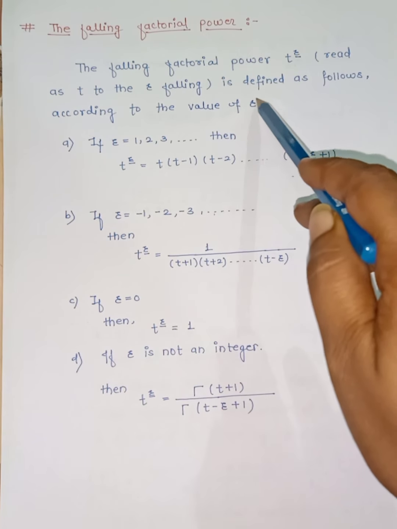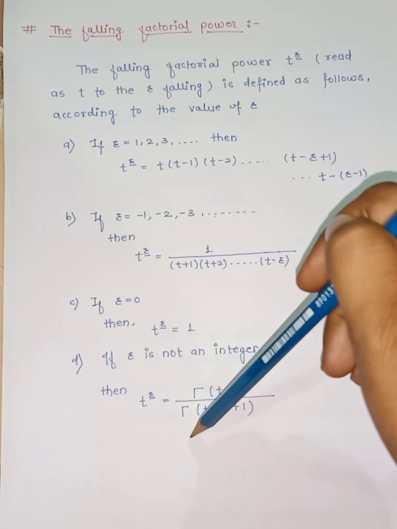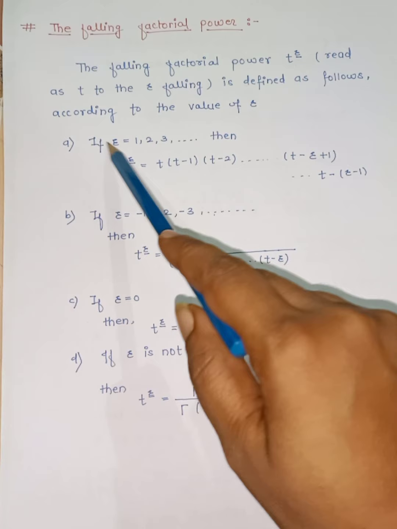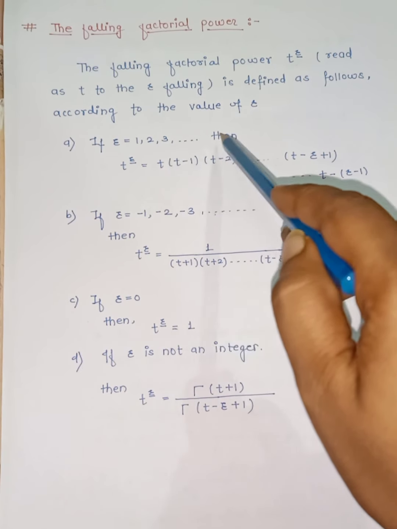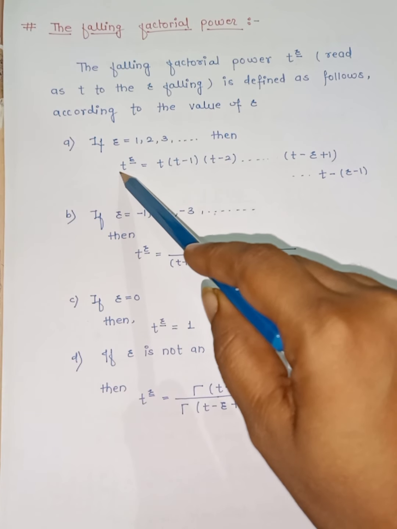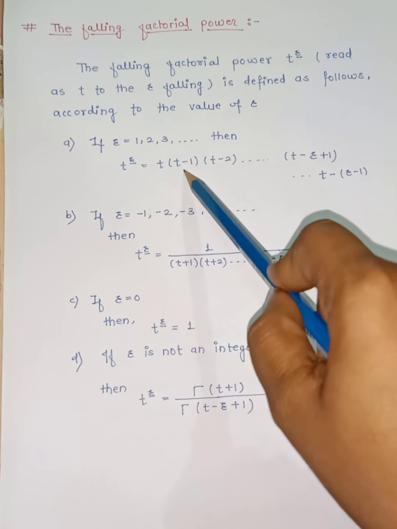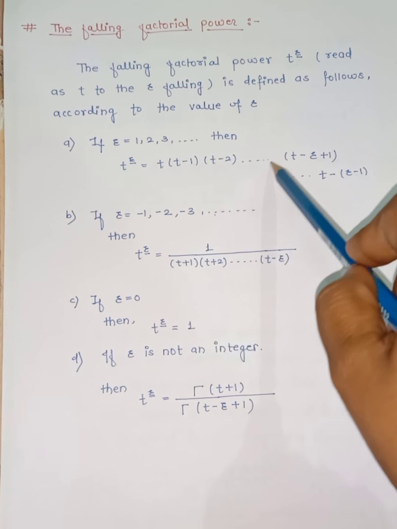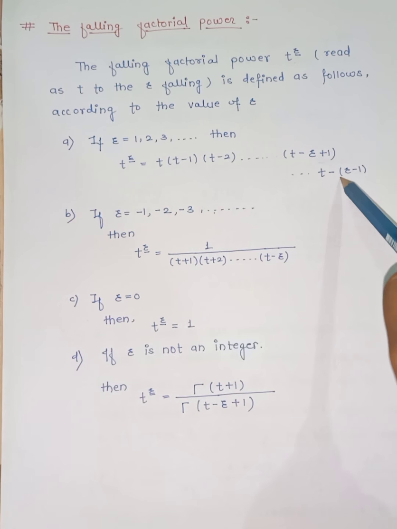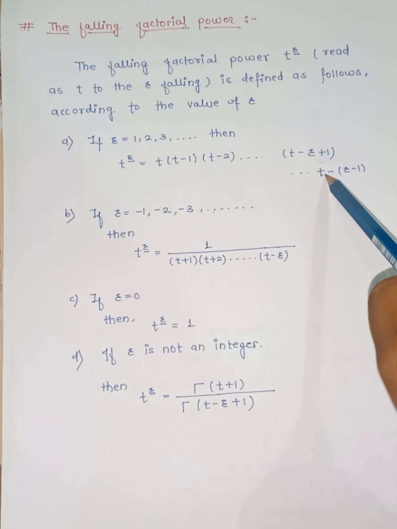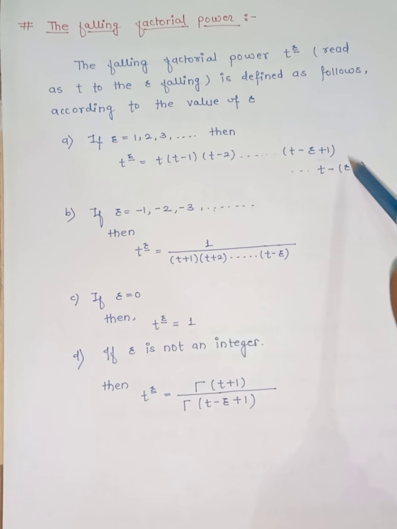So first, if r equals 1, 2, 3, that is positive integers, then t to the r falling equals t into (t minus 1), (t minus 2) and so on up to (t minus (r minus 1)), and that will be t minus r plus 1. This minus minus will be plus.